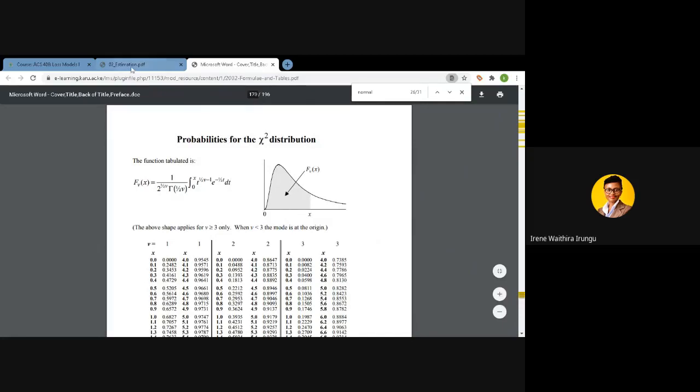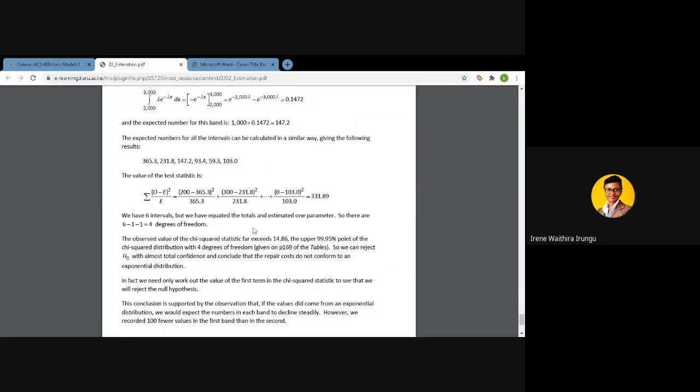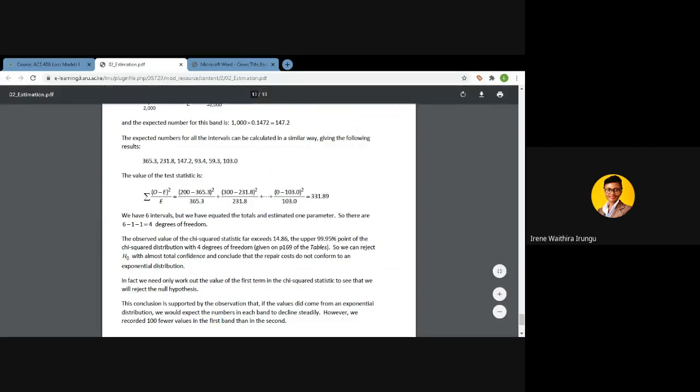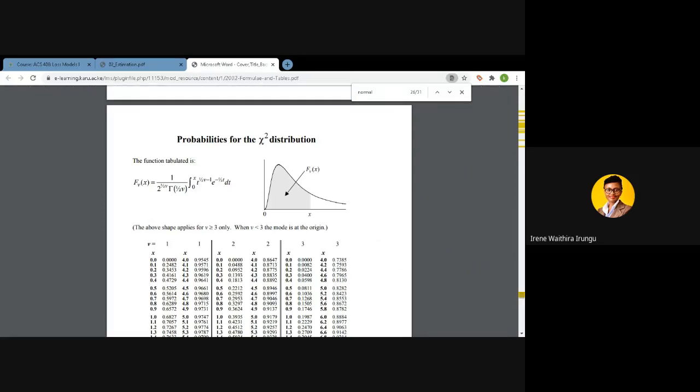We have established that our degrees of freedom are 4, and now we want the 99.95% confidence interval. So we go to where we have that. This V here defines the degrees of freedom.